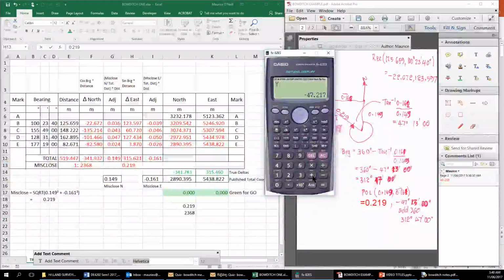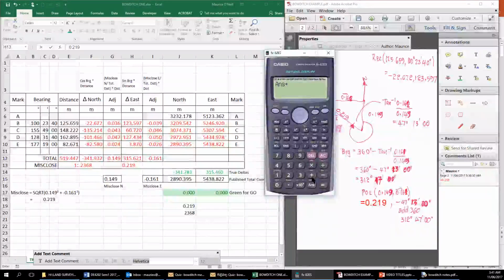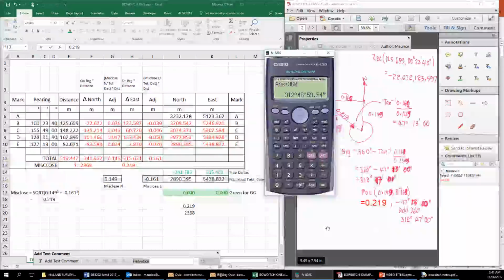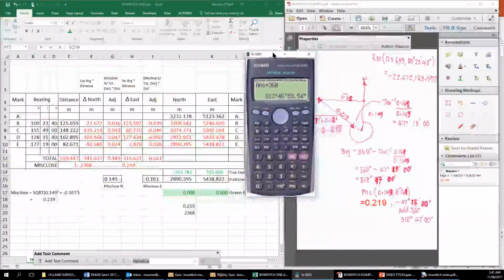Because the negative numbers are measured anti-clockwise from 0, negative bearings, we just add 360, plus 360 equals, and there we get 312 degrees 47. Okay, so that's all sort of sorted, really.